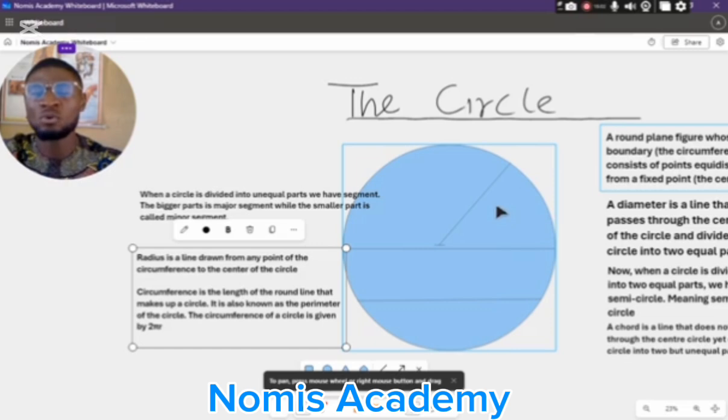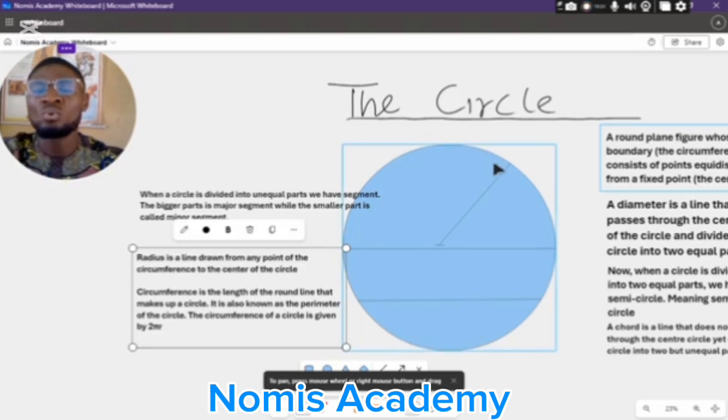A part of a circle bounded by 2 radii and an arc is called a sector. The other part is also bounded by 2 radii and an arc, this bigger part of the circle.